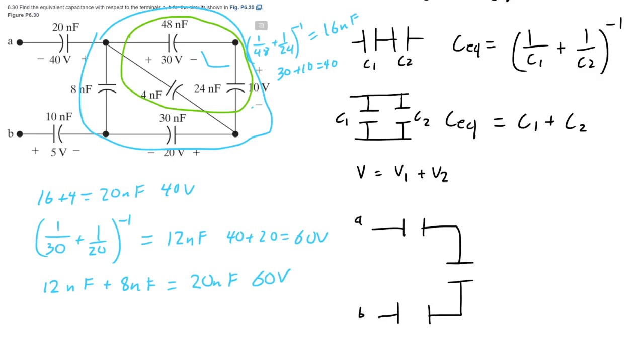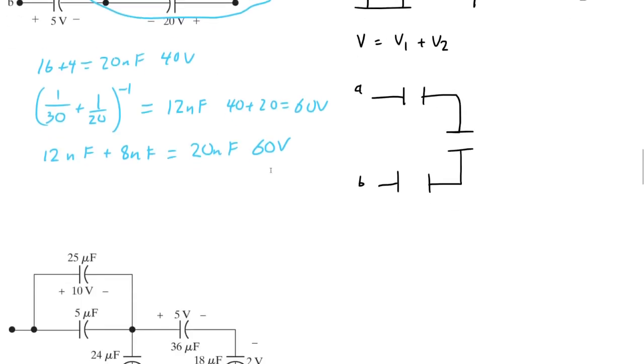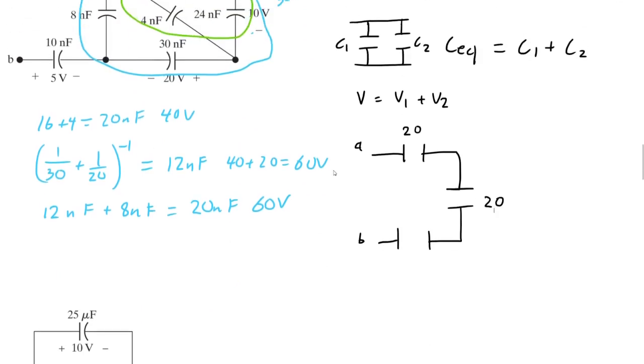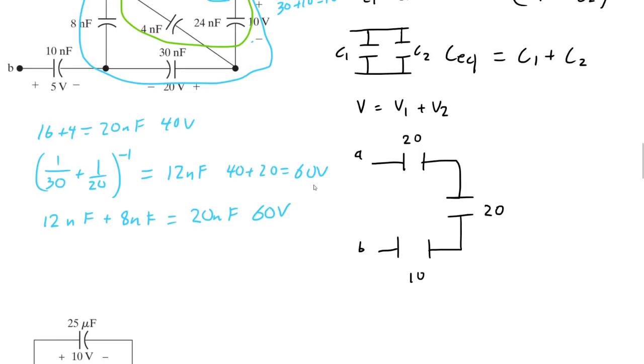Here's B, here's A. Let me scroll down a little bit, make sure that stays in the frame. So this is 20, 20, and 10. And the voltages we got: 5 volts this way, 60 volts this way, and 40 volts this way. It is minus 40, but we'll do that at the end.